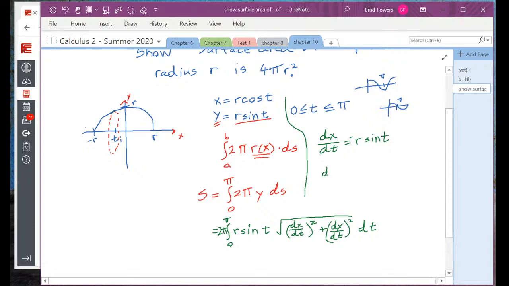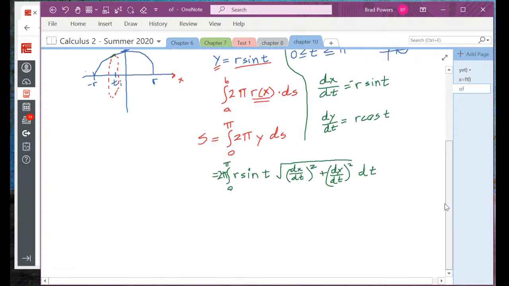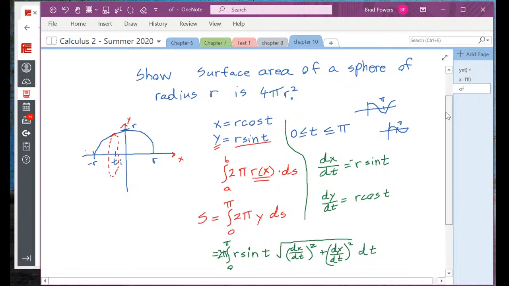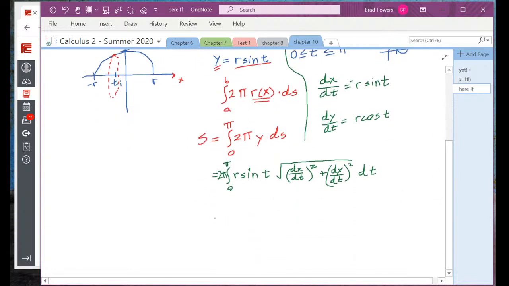And dy/dt, the derivative of y with respect to t, is r cosine t. All right, now we just plug it all in and we will be done. We know what the answer should be: 4 pi r squared, so hopefully we're not messing up.